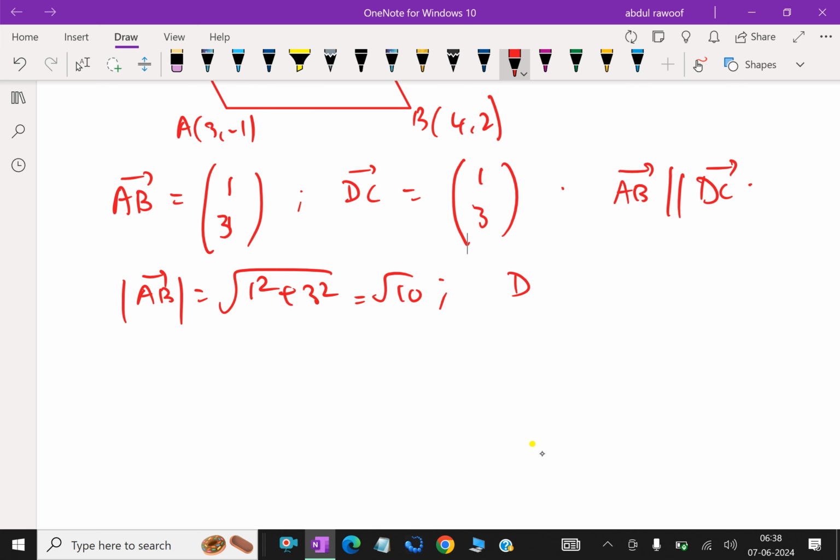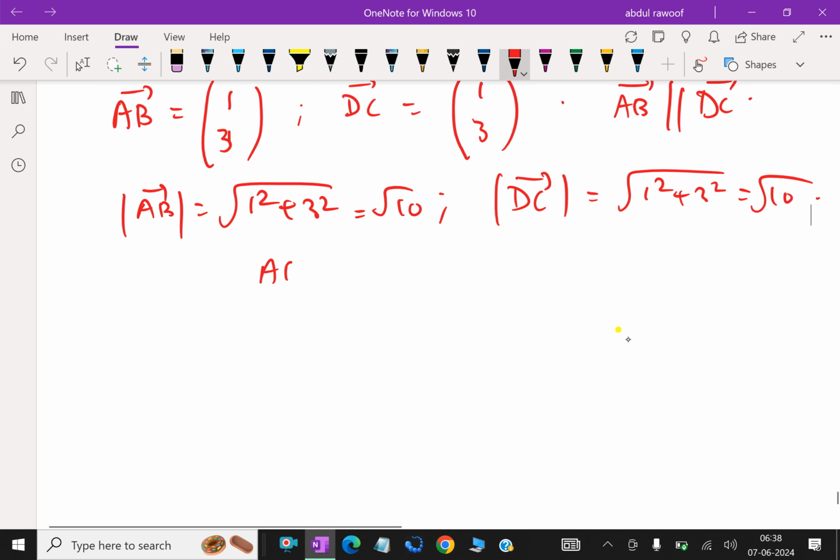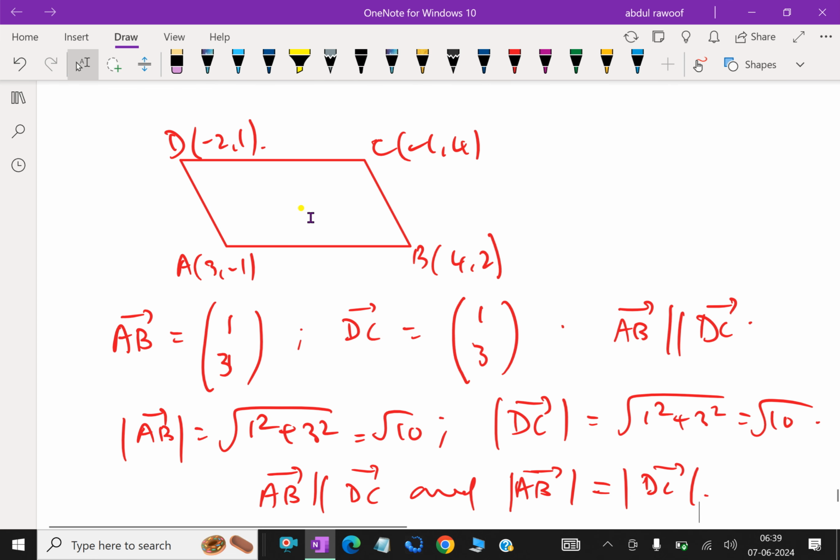And magnitude of DC is the same, 1 square plus 3 square, equal to root of 10. From these two things, vector AB is parallel to vector DC, and the length of vector AB is equal to the length of vector DC. From this condition, we can say opposite vectors are equal vectors.